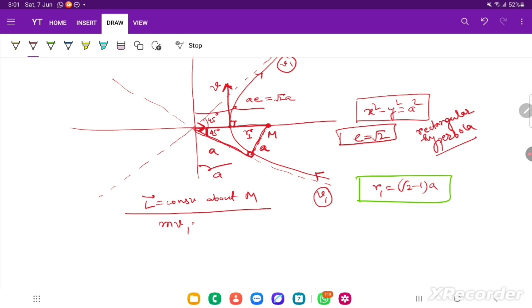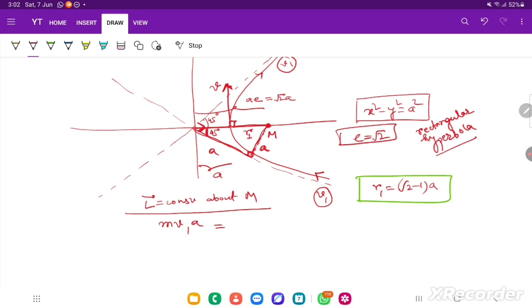So if we conserve angular momentum at the initial condition, when the spacecraft was far away and coming towards the planet, we'll get mv1 times a. Sorry, extremely sorry, this will be a only, this distance I am writing, right?